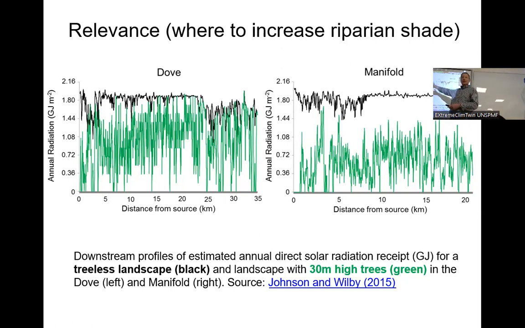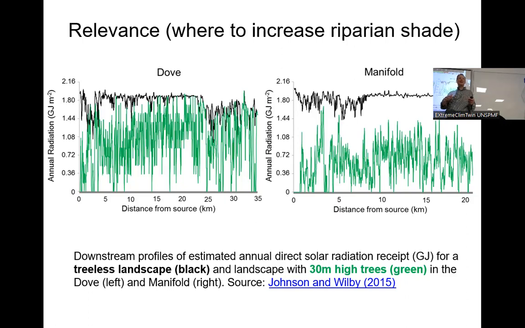So this is all done in a modeled environment with a digital terrain model to simulate the energy received. And then the green line signifies what that energy balance is with trees planted alongside. So the black, you can see, drops down here.